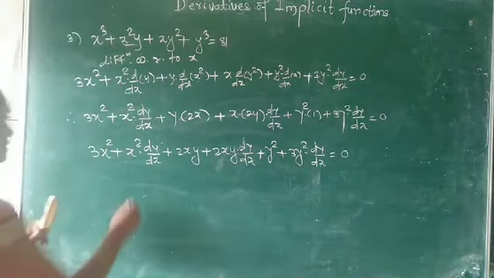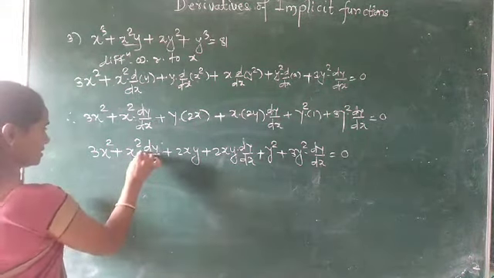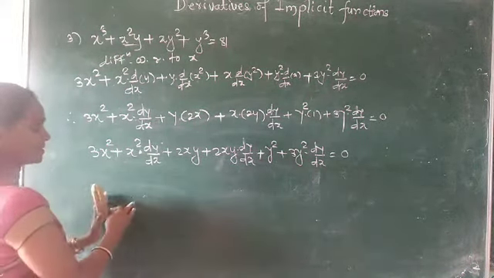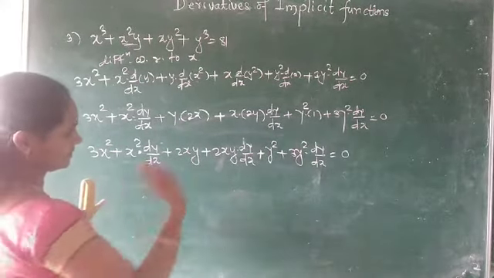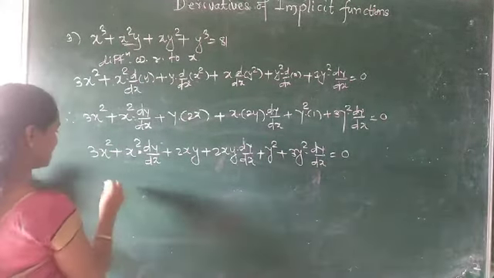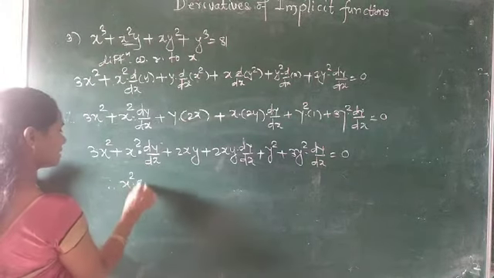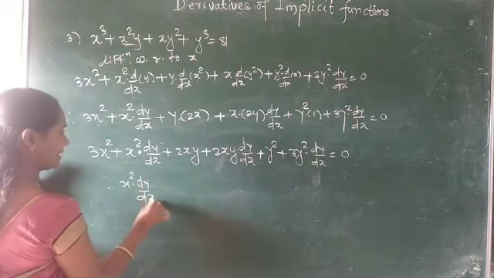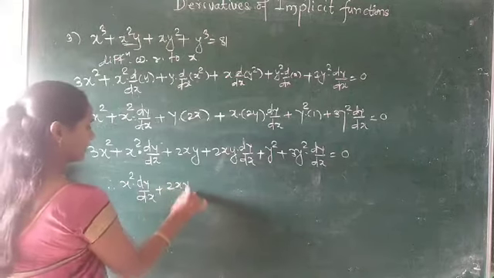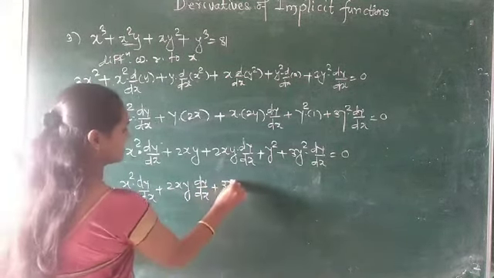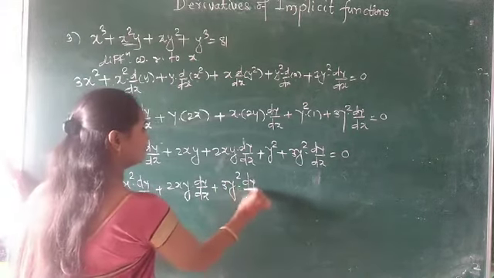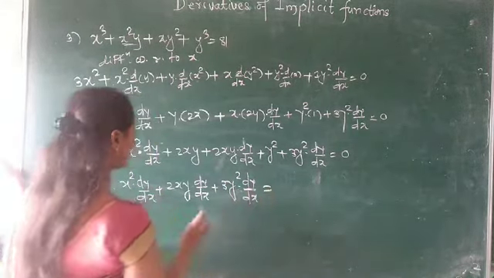Now the terms with dy by dx keep on this side, and the terms which are not multiplied by dy by dx take on the right hand side. So the terms on this side are x square into dy by dx plus 2xy into dy upon dx plus 3y square into dy upon dx.